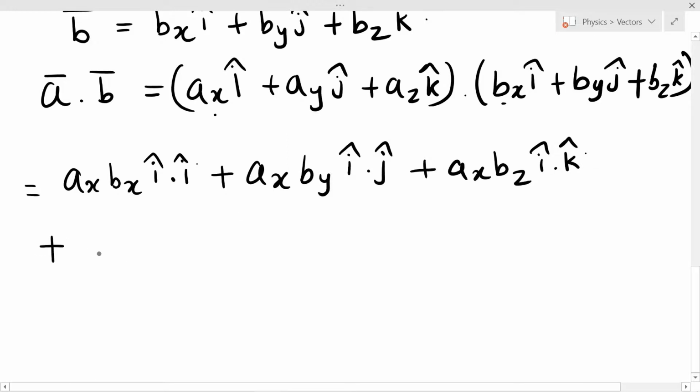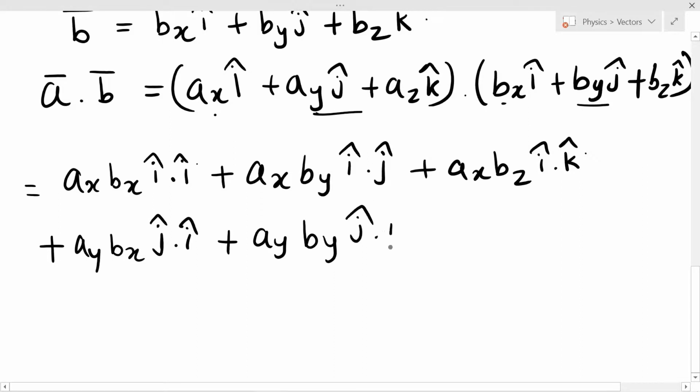plus ay bx j cap dot I cap. Sorry, this is ay bx j cap dot I cap, plus ay, this one into this one. So ay by j cap dot j cap plus ay bz j cap dot k cap.